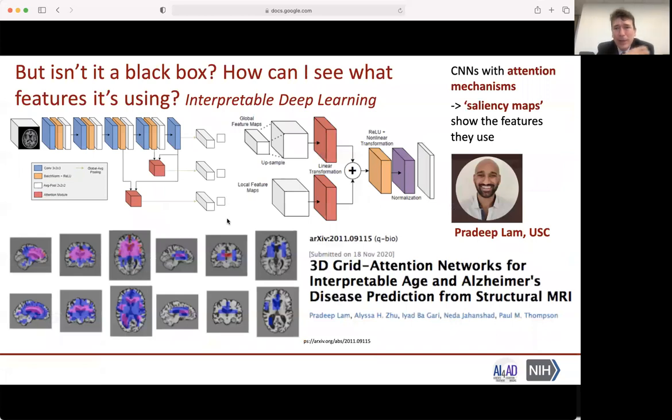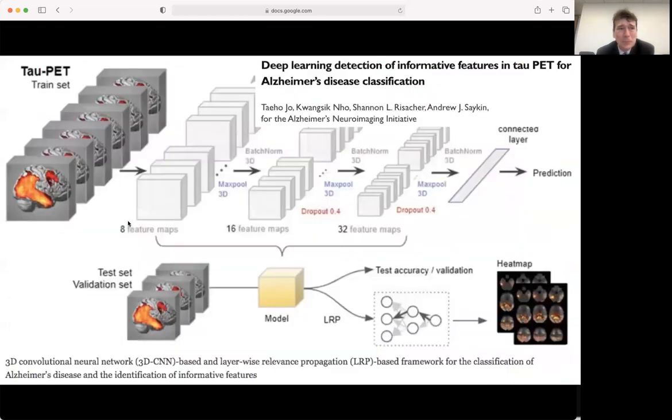And so this has led to an interest in interpretable deep learning. So many of the methods that we apply, and I'll show you today, not only make a decision based on a scan, but they give you a heat map or a saliency map of all of the features that we used. And they may include features that we didn't anticipate would be useful for making these decisions. So both saliency maps and also deep learning networks using attention mechanisms that focus on particular regions of the images are becoming very valuable indeed.